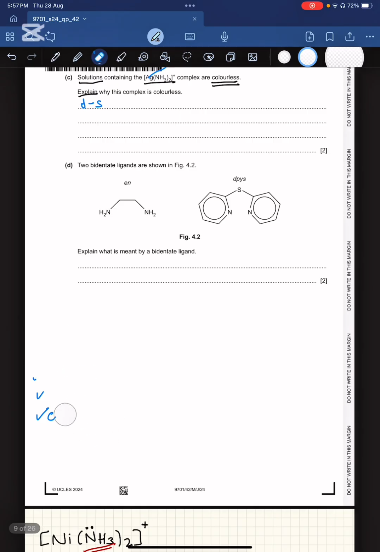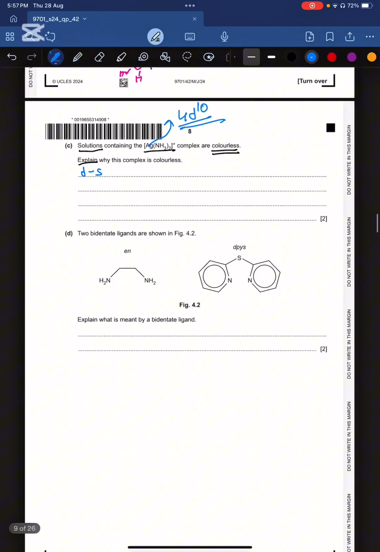Now, it's a very simple question. Why is the complex colorless? Obviously, because the d subshell is completely filled. Why do transition metal complexes have color? Because they absorb light. So why do others not have color? Because they don't absorb light. Why don't they absorb light? Because the d subshell is completely filled.